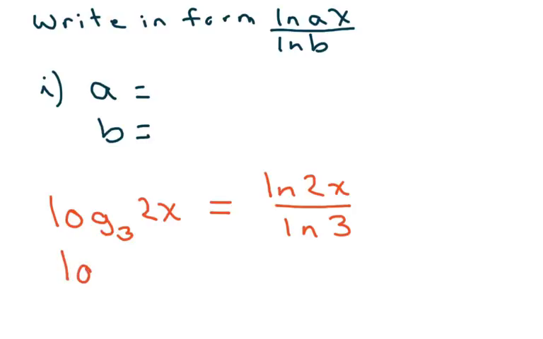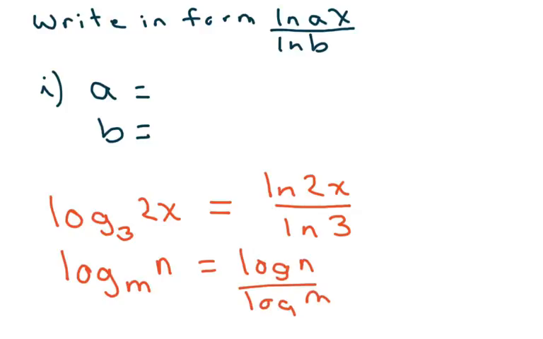All right, so log m of n, if you're going to do change of base, that would be log of n over log of m, or you can change that to ln. It's the same thing, okay? So that's your change of base formula. So in this case, my a is 2, and my b is 3. So that wasn't so bad.